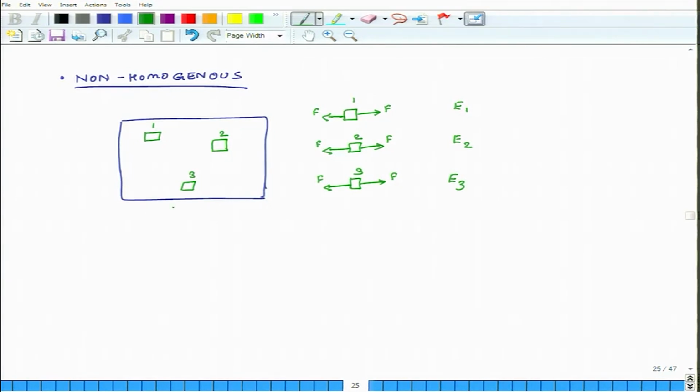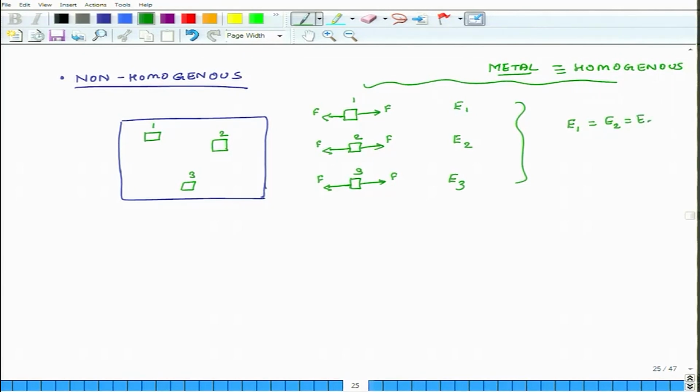But this is a metal. So, in case of metal, a metal is in general, if it is a decent quality metal, a homogeneous material. And because it is homogeneous, the values of E1 will be same as E2, will be same as E3.